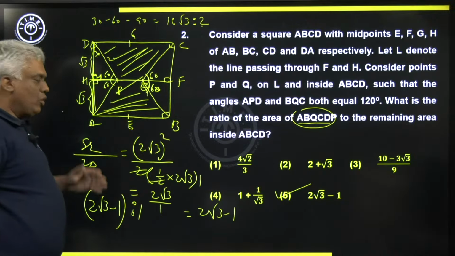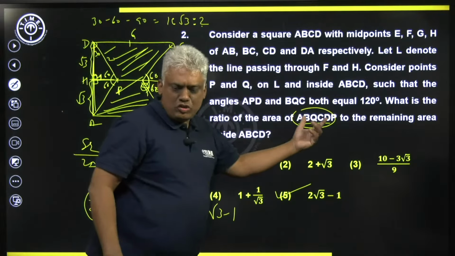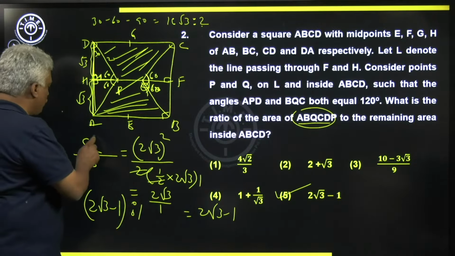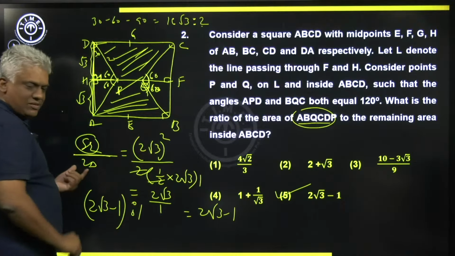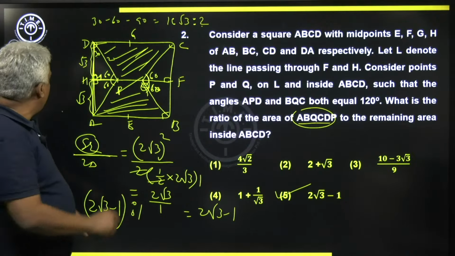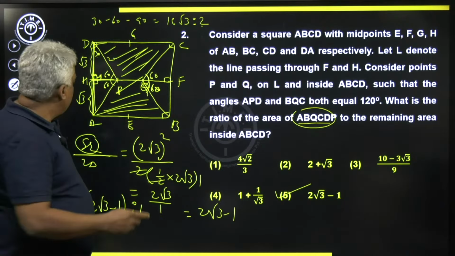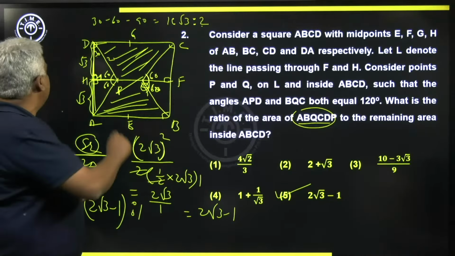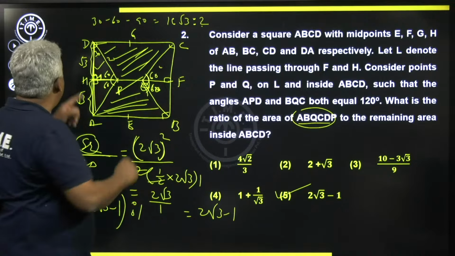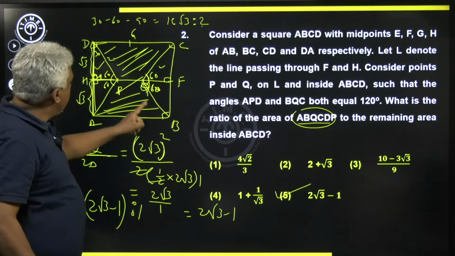1, right? So instead of finding the required ratio directly, first I found the ratio of the total square by the two triangles. So the ratio of the square is what? The side squared, which is 2 root 3 whole squared, divided by the area of the two triangles, I mean this triangle and this triangle, APD and BQC.